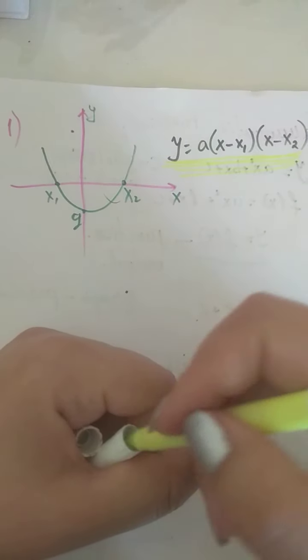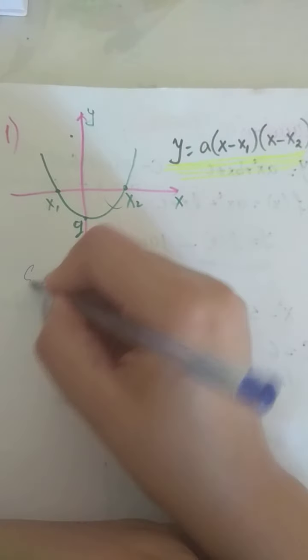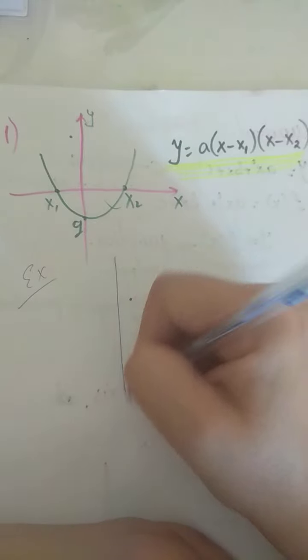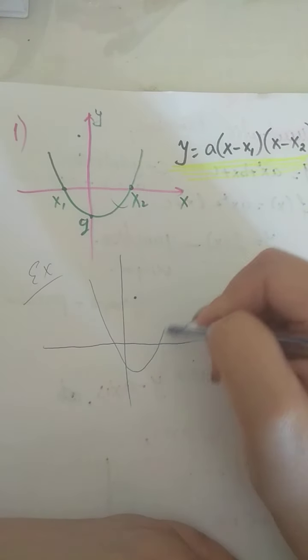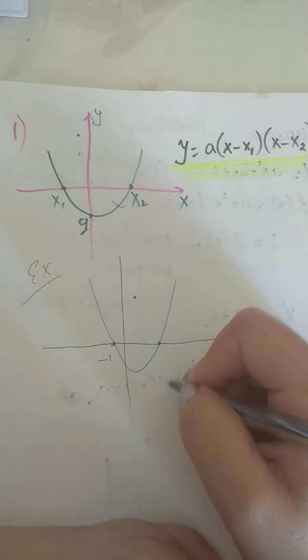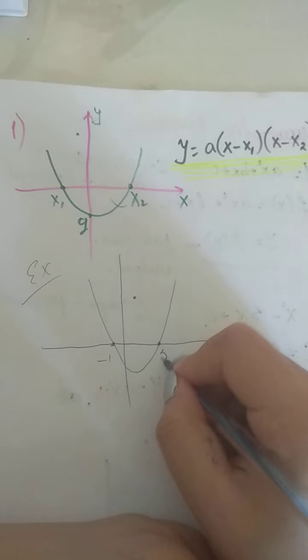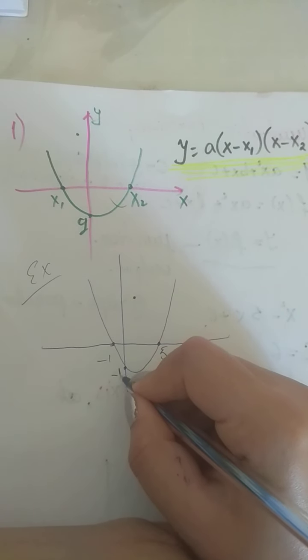Let me give you one example about this. Guys, for example, if your function graph is like that. So -1, let us take 5 here, and this one is negative, let us take 10.